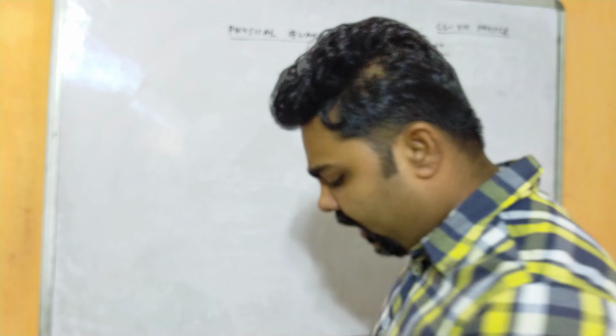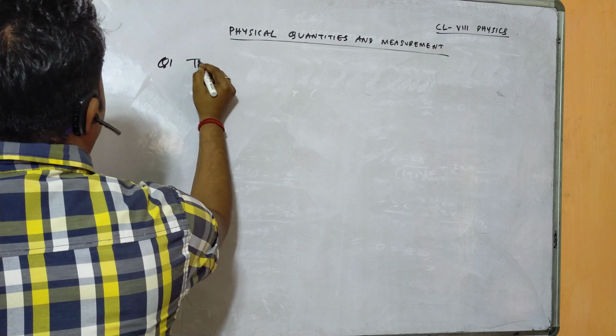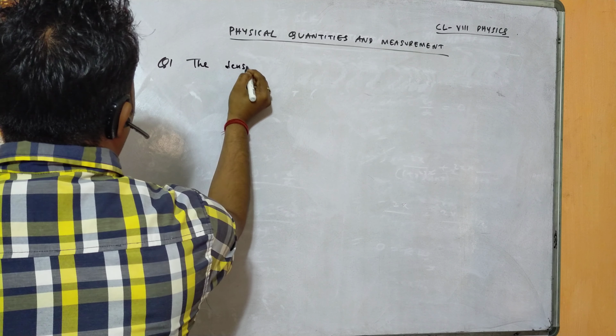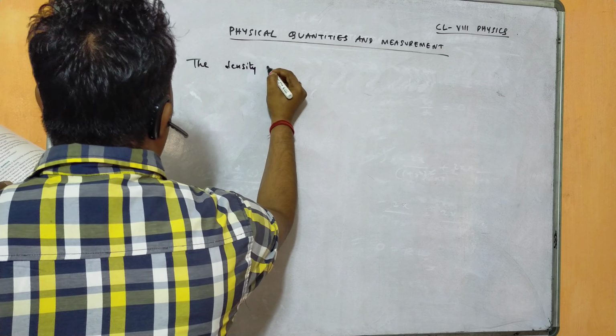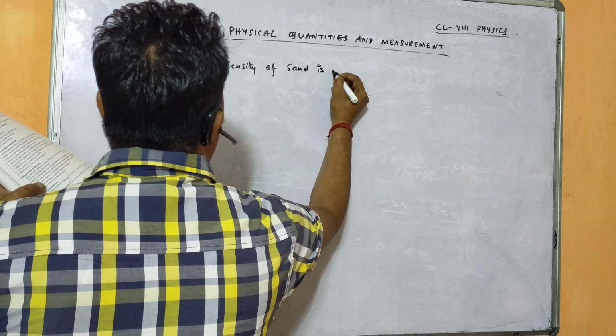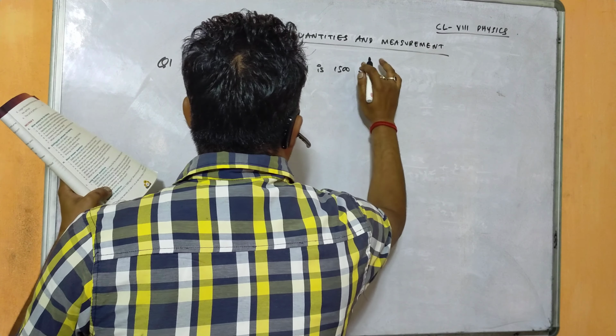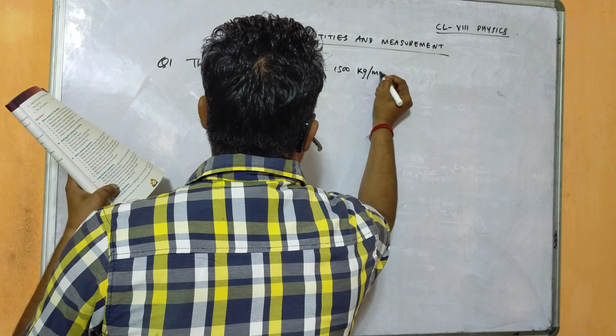So the first question, question number 1: the density of sand is 1500 kg per meter cube.